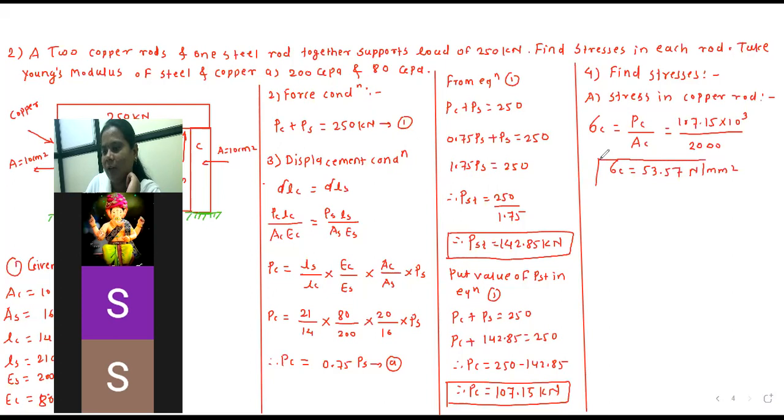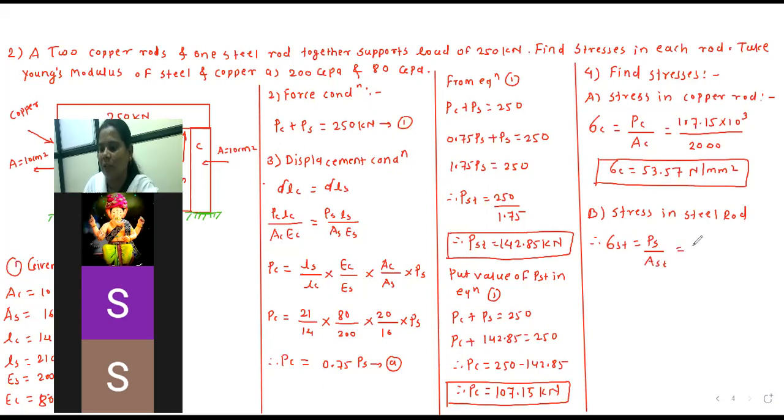In the same way, we have to find stress in steel. So second part, stress in steel rod. Therefore, sigma ST is equal to force in steel rod divided by area of steel rod. So force in steel rod is 142.85 into 10 raised to 3, divided by area of steel rod, which is 16 centimeter square.